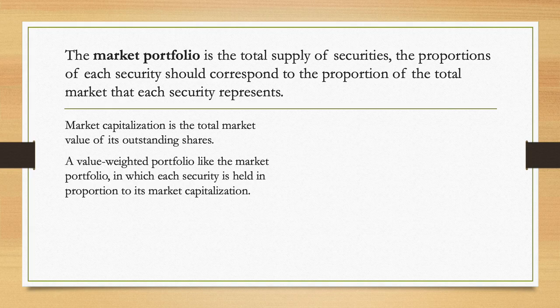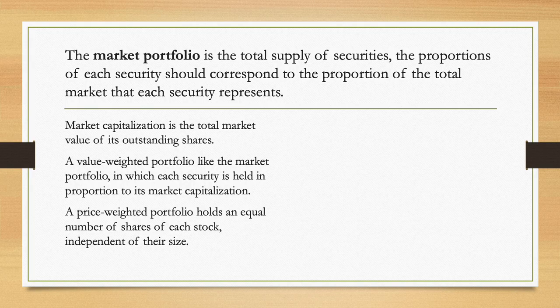For example, the S&P 500 is an index that represents a value-weighted portfolio of 500 of the largest US stocks. There are also indexes that are price-weighted portfolios. A price-weighted portfolio holds an equal number of shares of each stock, independent of their size.